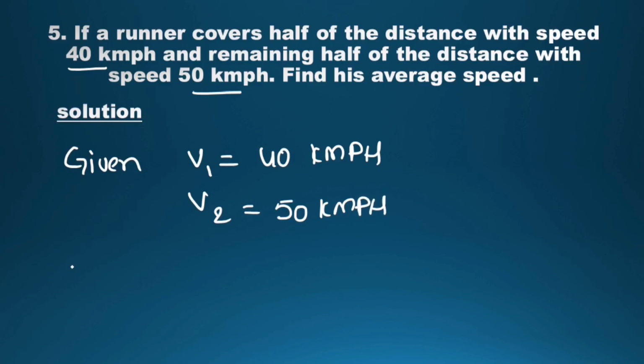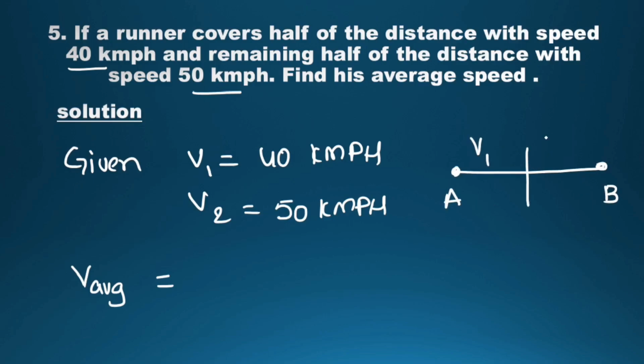So we should find the average velocity. Let A be the starting point, B be the end point. Half of the distance is covered with speed v1 and the remaining half with speed v2. So what is the formula? 2v1v2 by v1 plus v2.